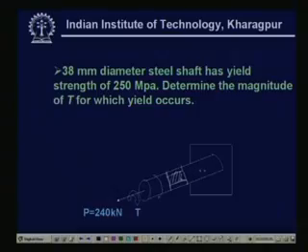Now, if we have a look into this, we get stress like this, and stress coming in this particular manner. I think we are clear about this free body diagram.